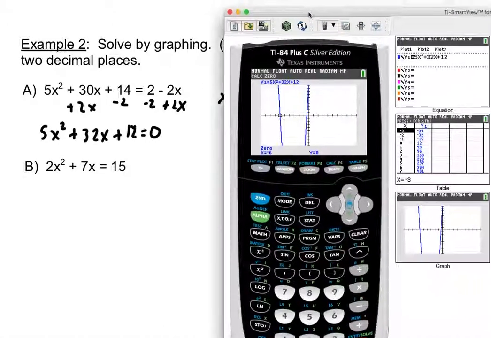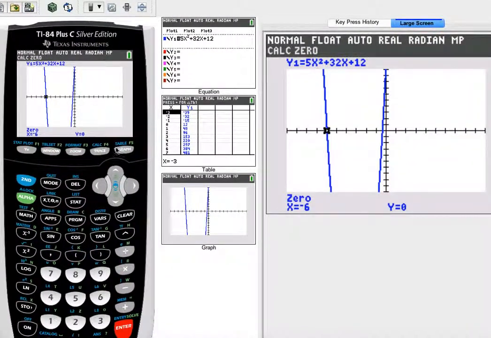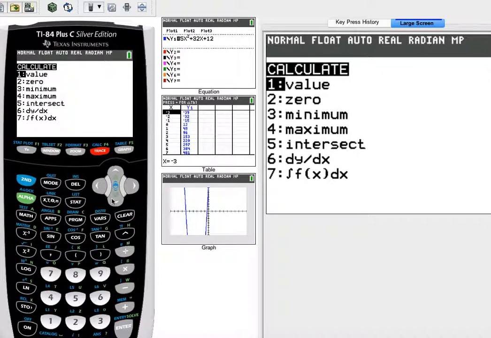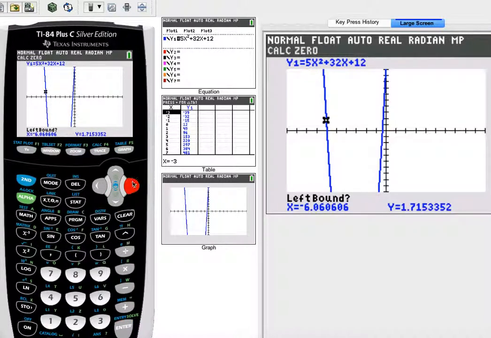All right, so let's do the other one. There's another x-intercept. That parabola is hitting it in 2 places, so we're going to do second calc again. I'm going to go down to 0, hit enter, and then I'm going to use my right arrow to make the cursor go around. Either you have to use the left or the right arrow, depending upon where your cursor is. Okay, I went too fast.